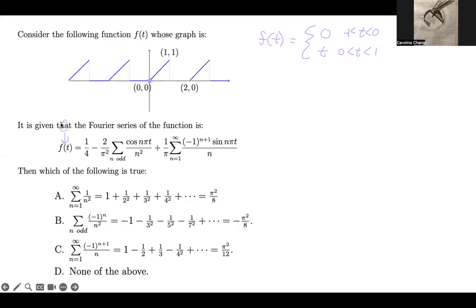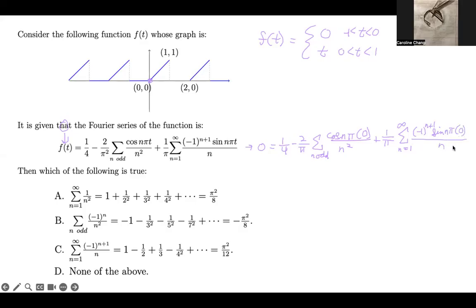So we can thus say that taking f of t equals 0, we have 0 is equal to 1 over 4 minus 2 over pi summation when n is odd of cosine n pi times 0 over n squared, plus 1 over pi times the summation from n equals 1 to infinity of negative 1 to the power of n plus 1 sine n pi times 0 over n.